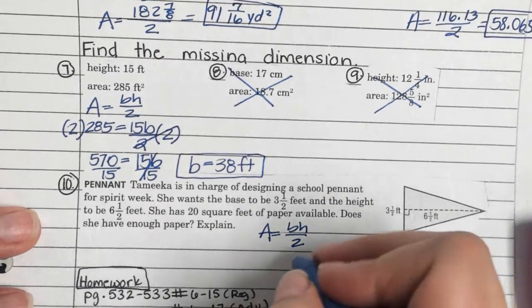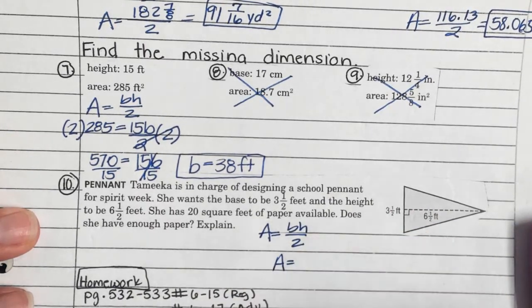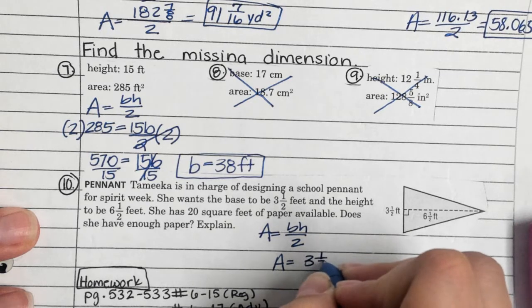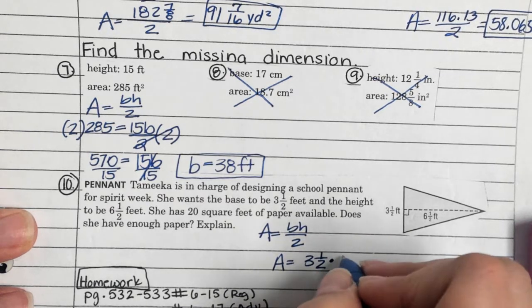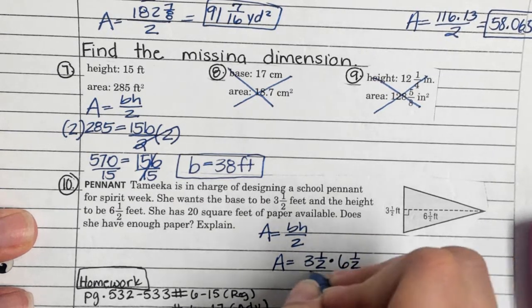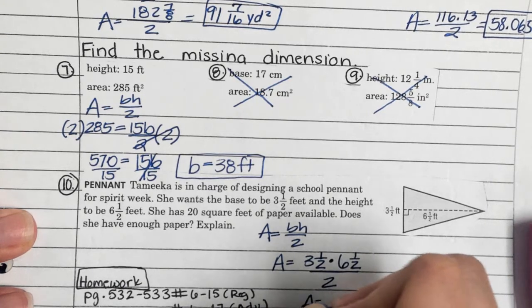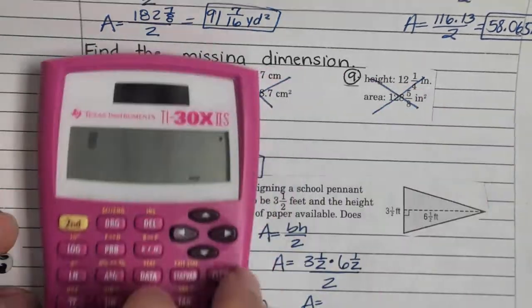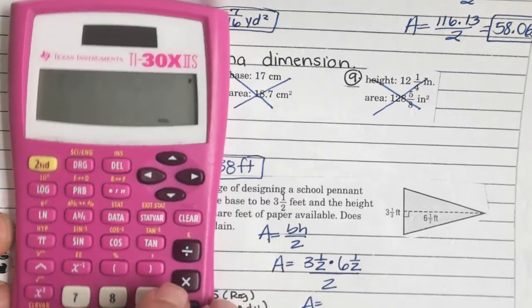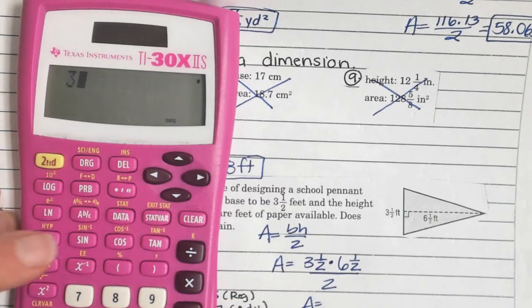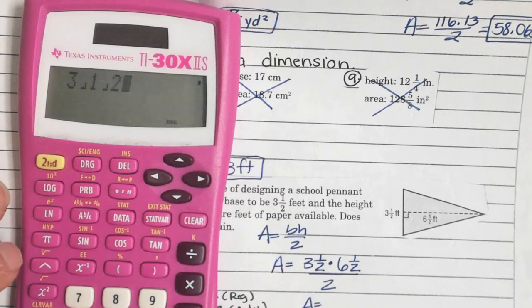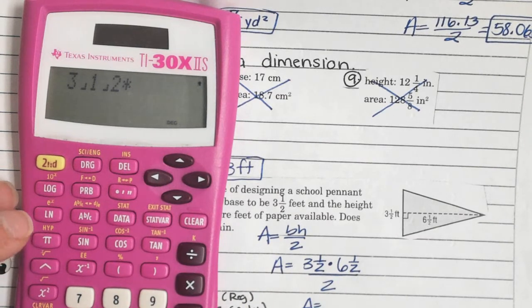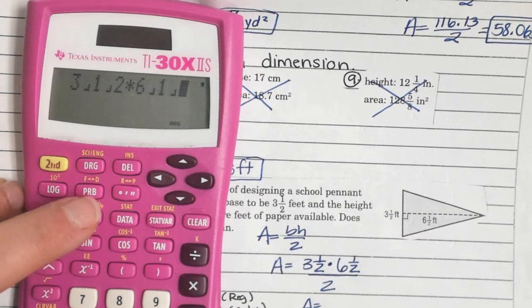What is my base? 3.5. 3.5 times 6.5 divided by 2. Okay, so we've got 3.5 times 6.5.